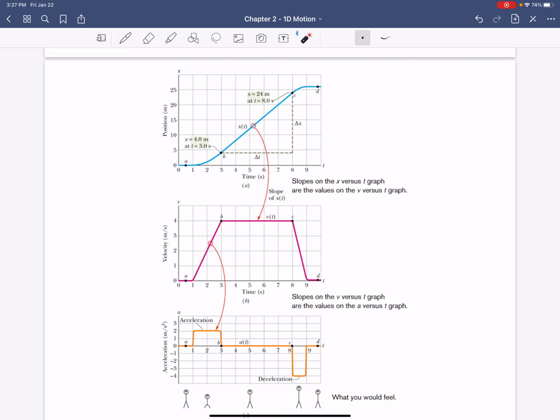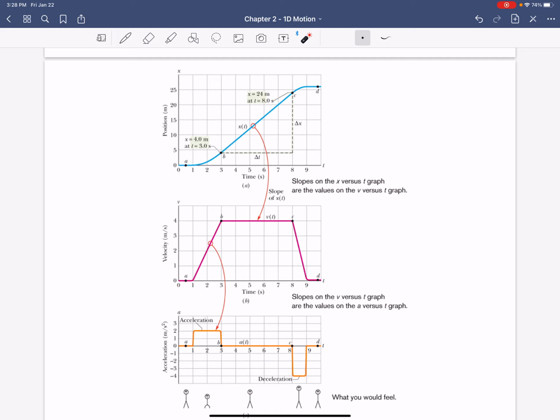The velocity versus time graph shows that from 1 second to 3 seconds, we're speeding up at a constant rate. B to C, moving at a constant speed, right, which corresponds to a straight diagonal line, if you will, and a 0 acceleration.